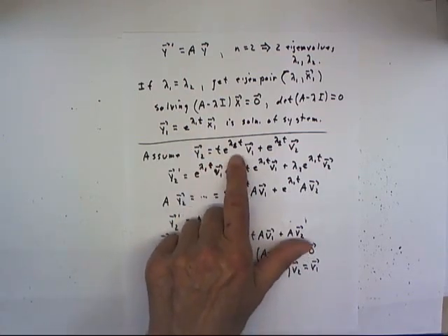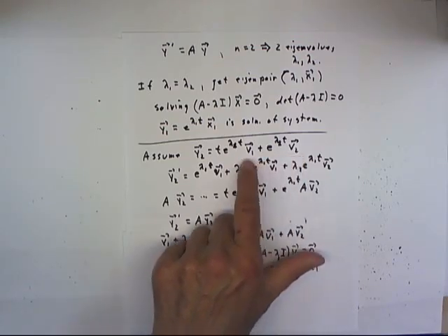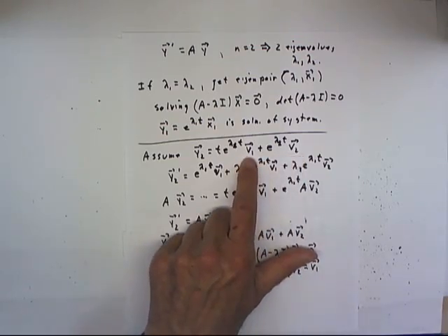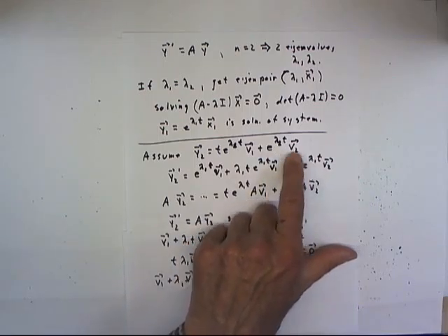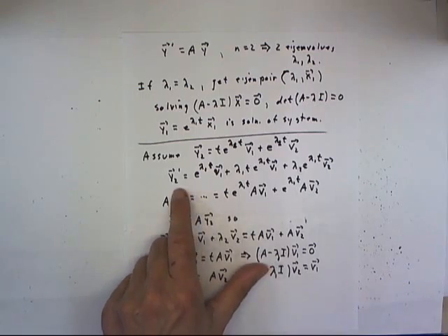Then we assume a second solution that's a multiple of some vector plus another multiple of another vector, manipulating the coefficients in a way motivated by what we did with single second order linear equations.